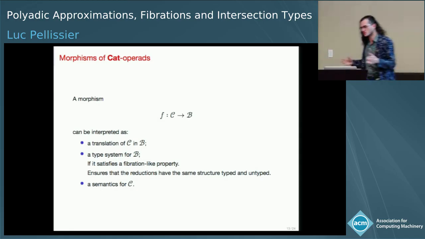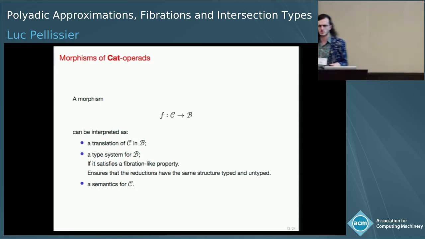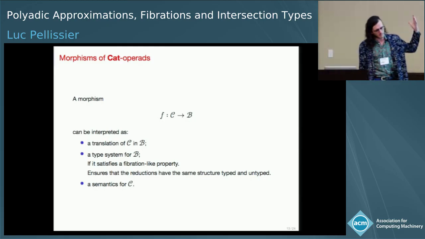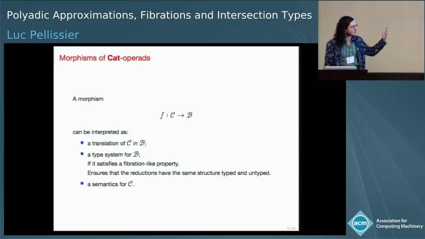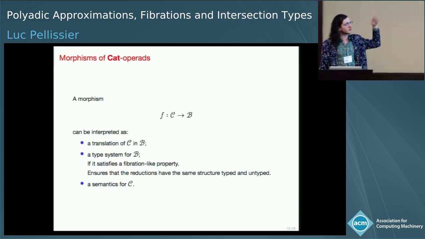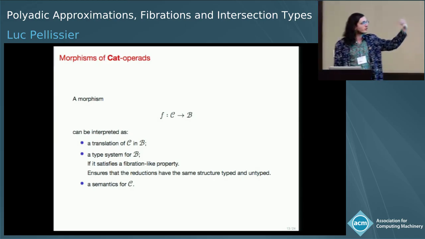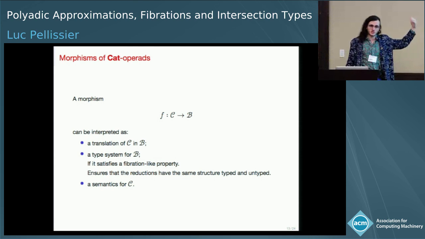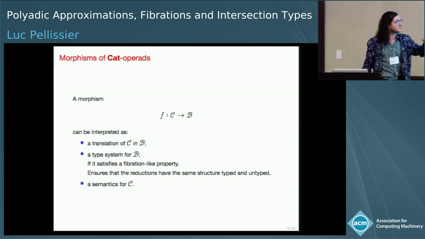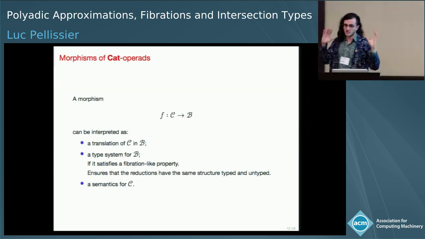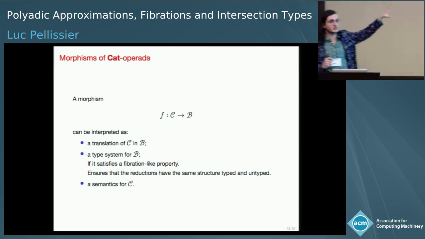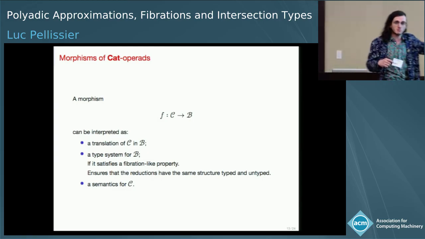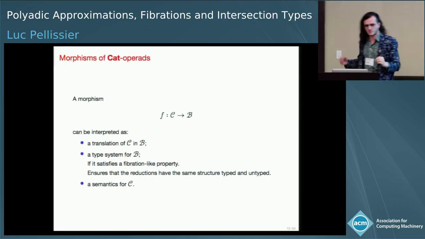This is an idea that was presented three years ago at POPL, I think, introduced by Melliès and Zeilberger. It is about viewing a morphism, in their case of categories, in our case of cat operas, from a certain cat opera C to a cat opera B as a type system for B. The main idea is that C is viewed as a category of derivations and B as a category of untyped terms.